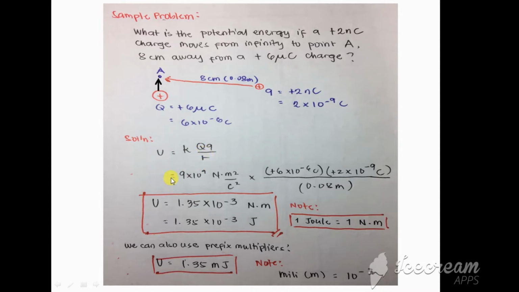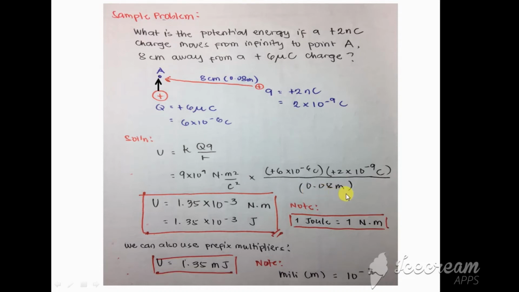Now, using this formula, apply the values. So we have the Coulomb's constant, times the value of the point charge, which is 6 times 10 raised to negative 6 coulomb, times the 2 nanocoulomb, or 2 times 10 raised to negative 9 coulomb, over the distance.